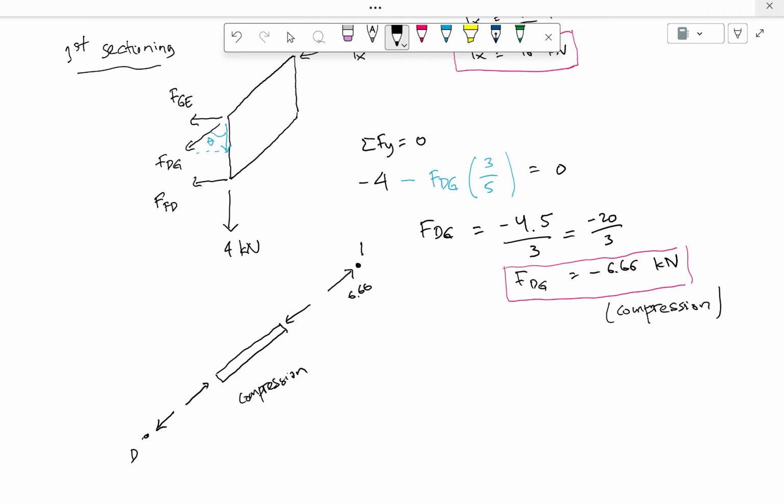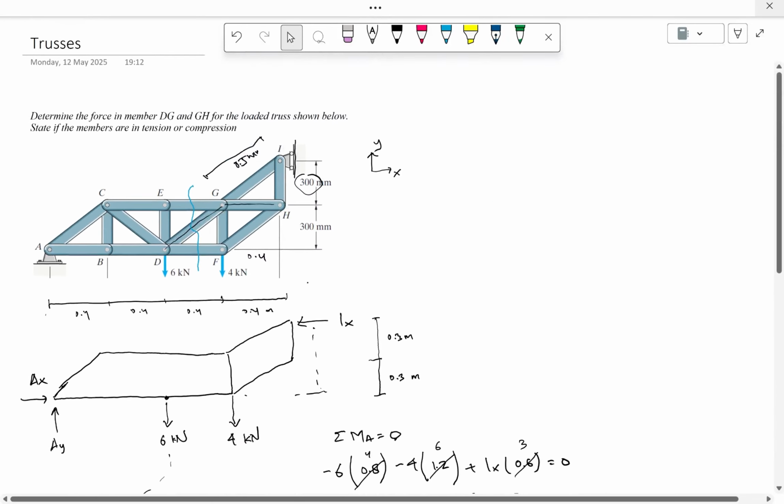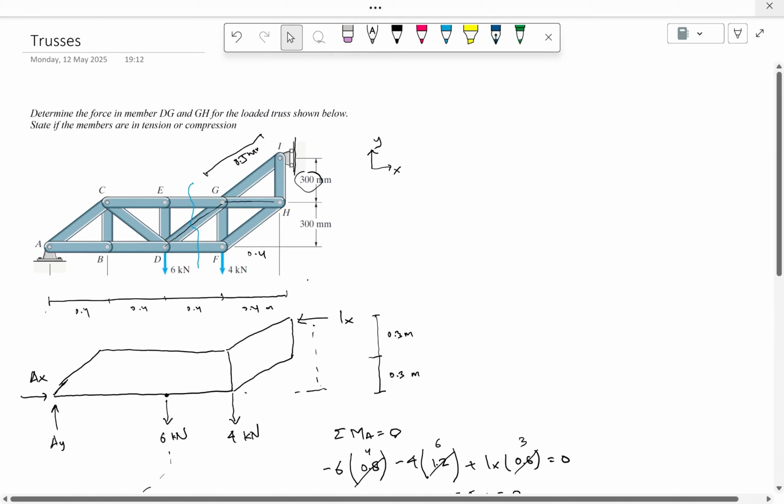So I always assume that all the assumed forces are tension. So when they are negative, they will be in compression. I think that's for FDG. I hope it's clear enough for you. So FDG is 6.6 and it is in compression.